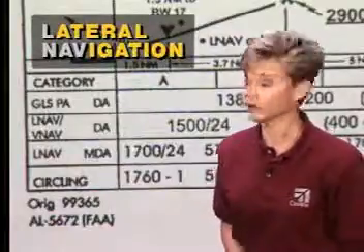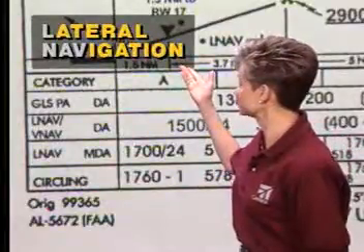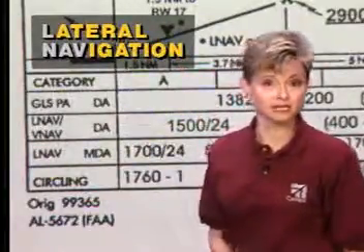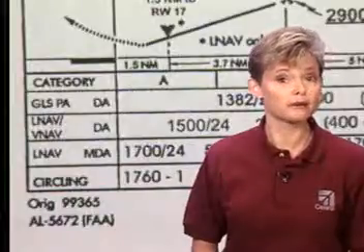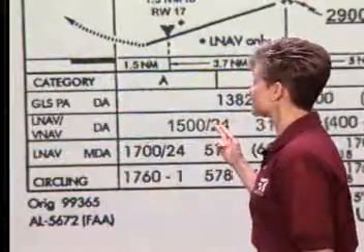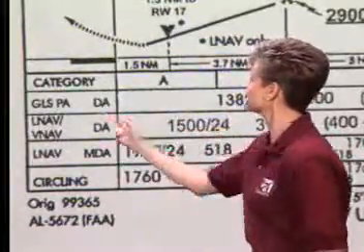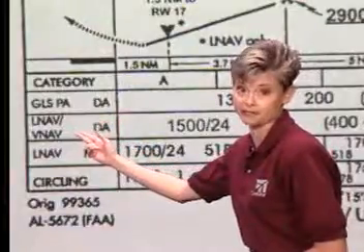LNAV stands for lateral navigation. This is the minimums level you'd use if you were equipped with a plain vanilla GPS like the KLN-89B and making a straight-in approach. To move up to the next level and get minimums of 1,500 feet, you have to have LNAV/VNAV.